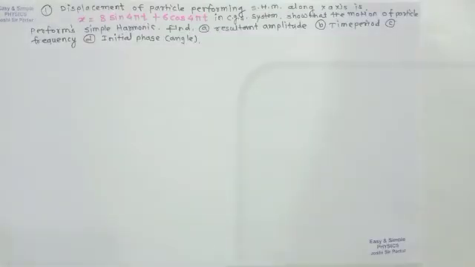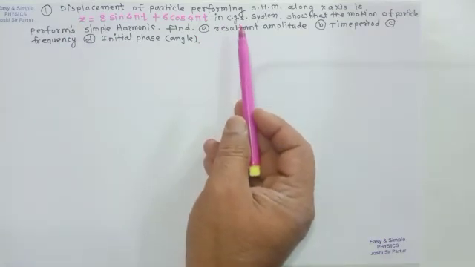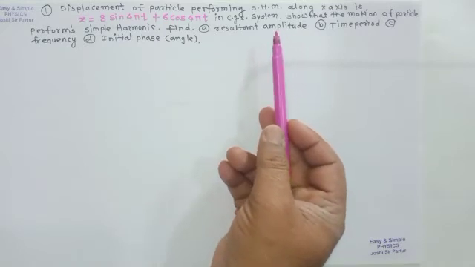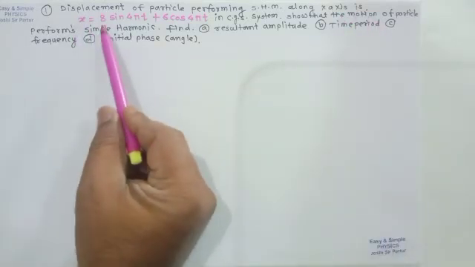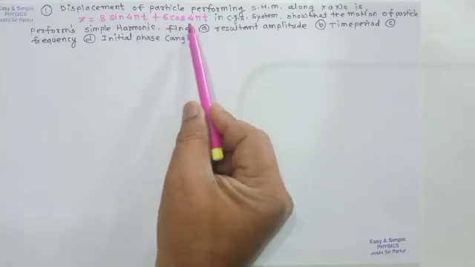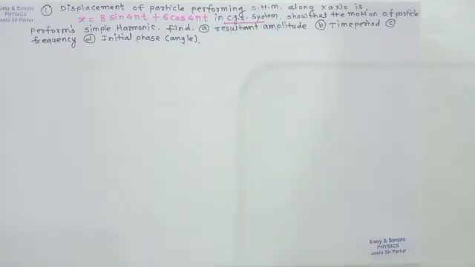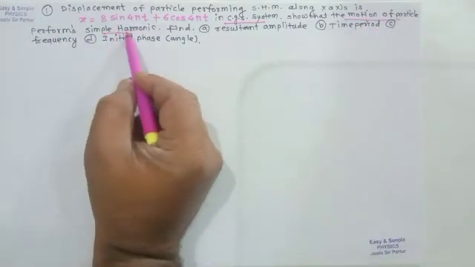So the first example: the displacement of a particle performing simple harmonic motion along the x-axis is x equal to 8 sine of 4 pi t plus 6 cos of 4 pi t in CGS system. Show that the motion of the particle is simple harmonic.